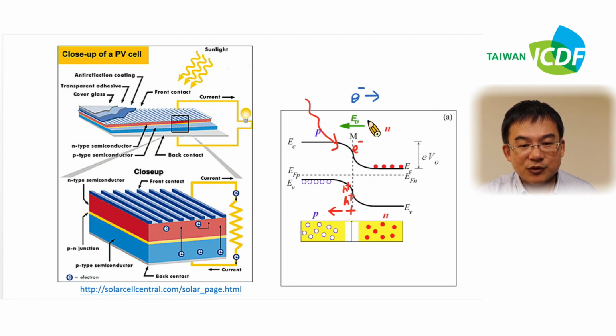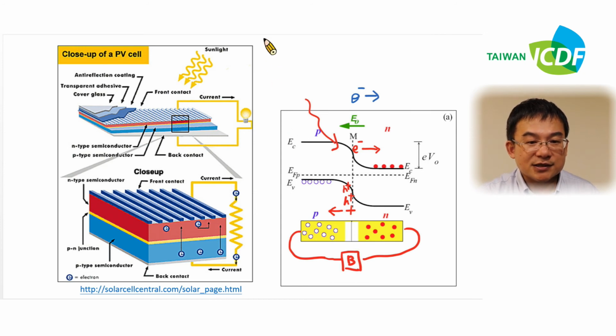Then this built-in electric field will push the electron to N and the hole to P, so we separate the electron-hole pair. Then we store this electron-hole pair in a battery. Then we get this energy.